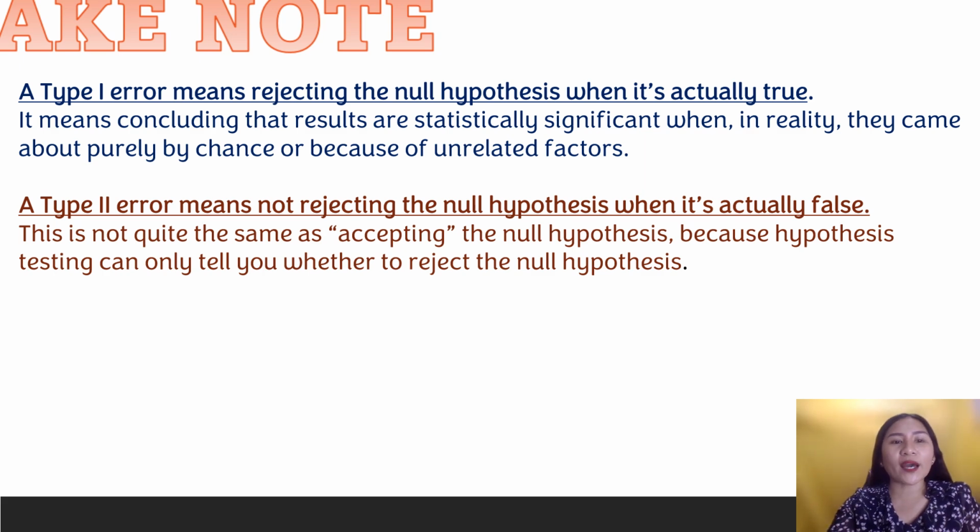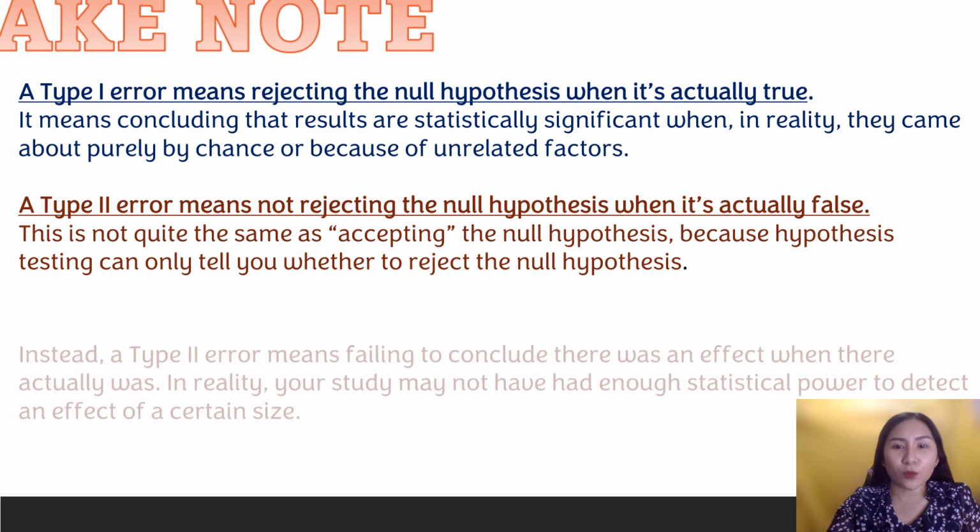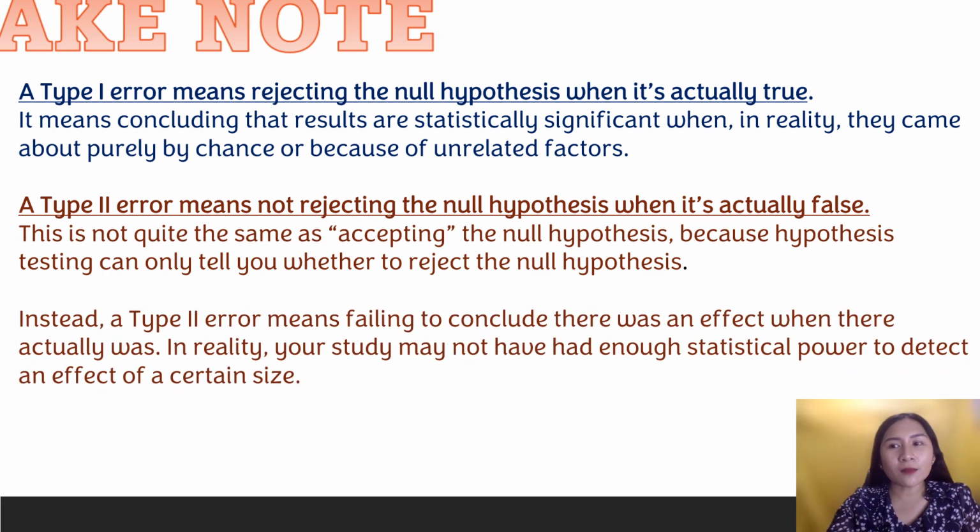This is not quite the same as accepting the null hypothesis, because hypothesis testing can only tell you whether to reject the null hypothesis. Instead, a type 2 error means failing to conclude there was an effect when there actually was. In reality, your study may not have had enough statistical power to detect an effect of a certain size.